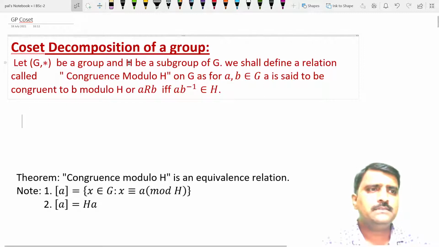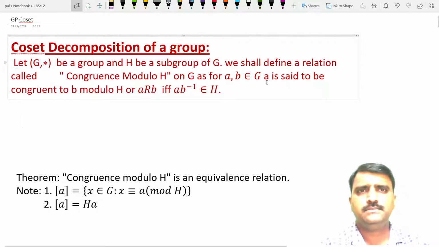Now you define a relation called congruence modulo H on G. That relation is defined like this.